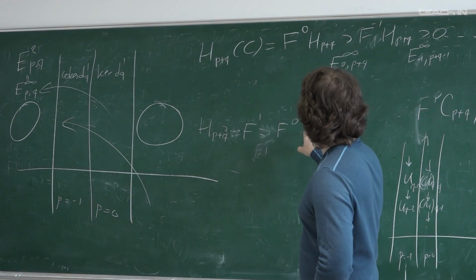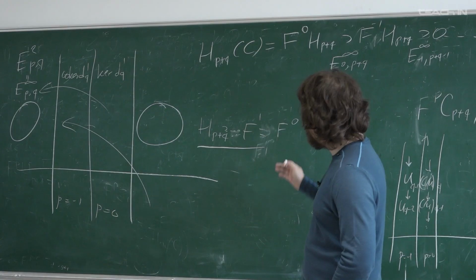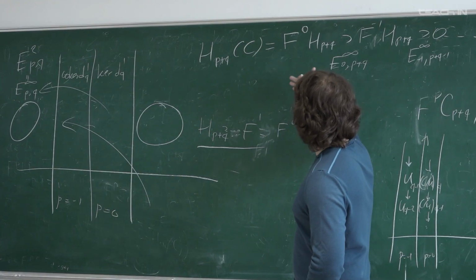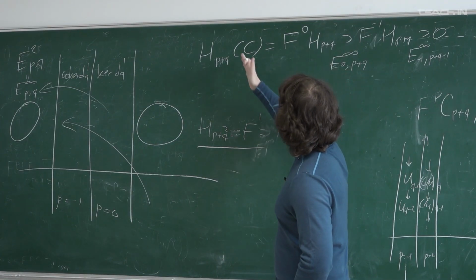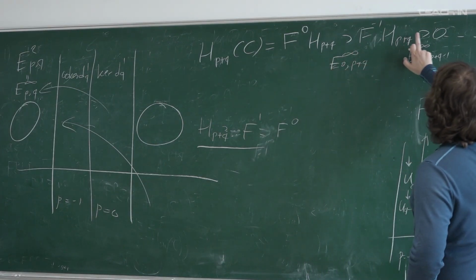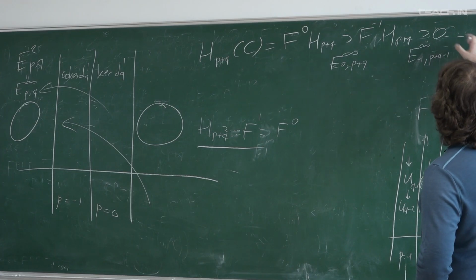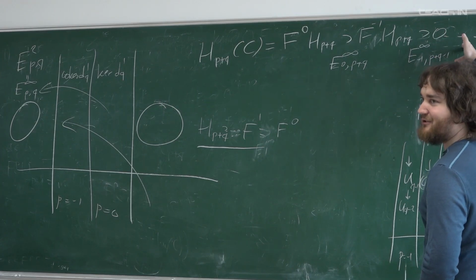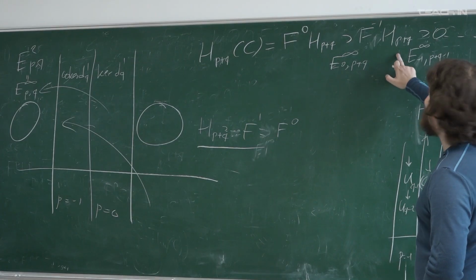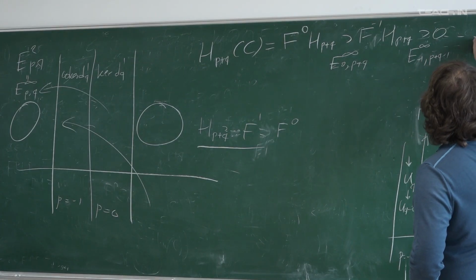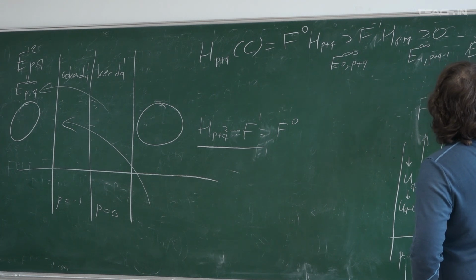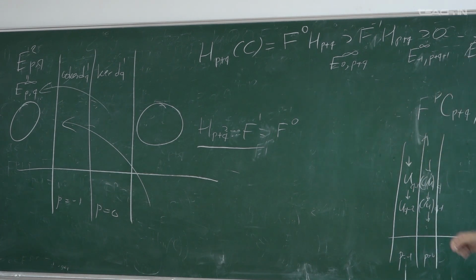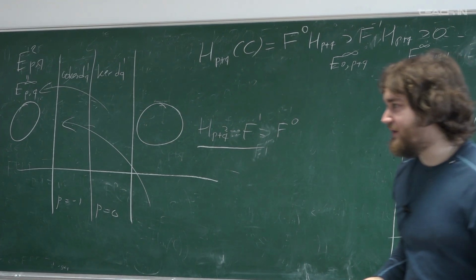It's equal to F0. All others are equalities. But I know that the union of my filtration is the whole homology, so it stabilizes at the whole homology. And here it also stabilizes because all quotients are 0, but I know that the intersection is 0, so they stabilize at 0. On this step this is not 0, but all other quotients are already 0. So, in fact, I have only 2 nontrivial filtration parts.